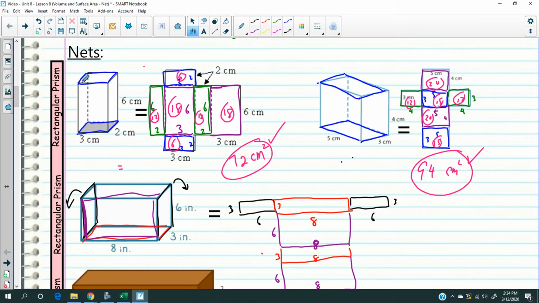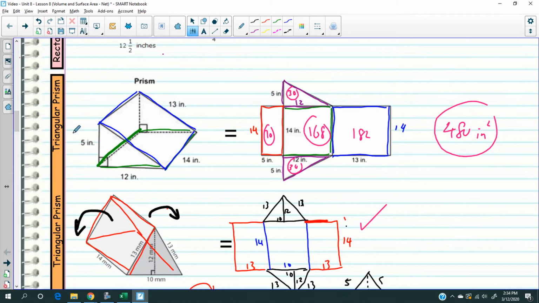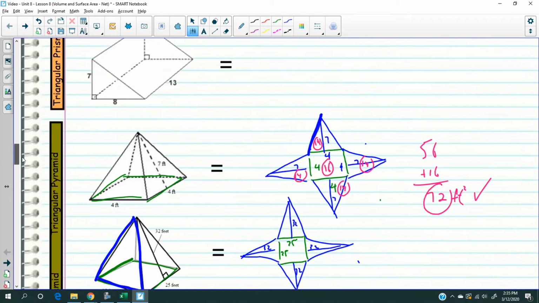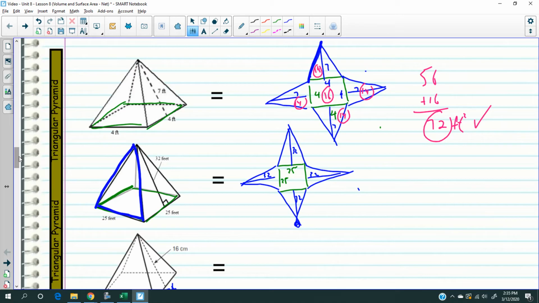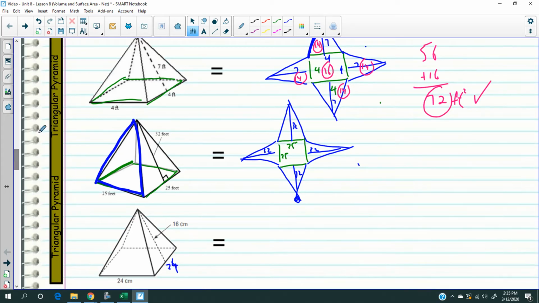We talked about how to turn a box, a triangular prism, and a triangular pyramid, actually, this is a rectangular pyramid. Can't believe I make that big mistake. And a rectangular pyramid, because the base is a rectangle.